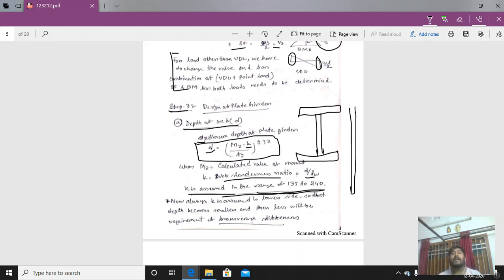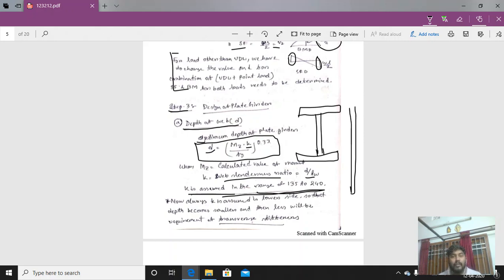So the effect of shear buckling will be high in that case. So always try to take the value of k on the lower side, so as to get a nominal or standard value of the depth.